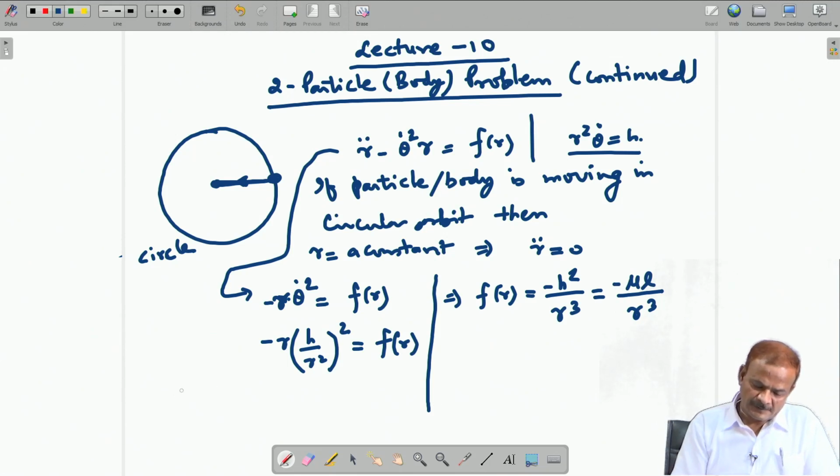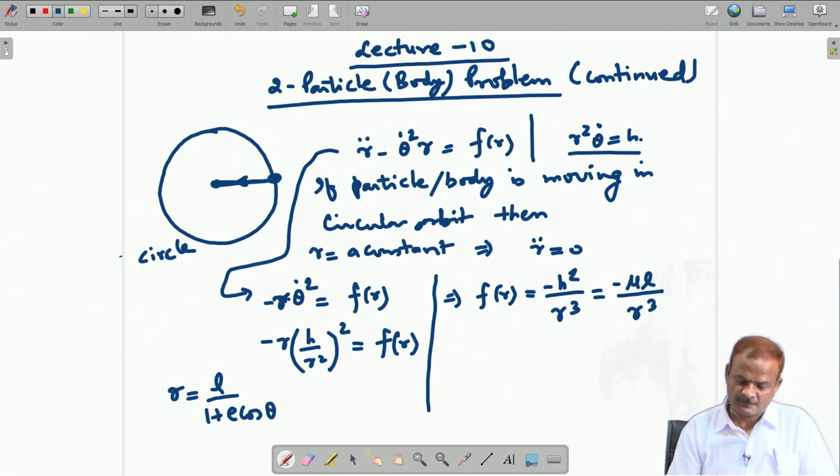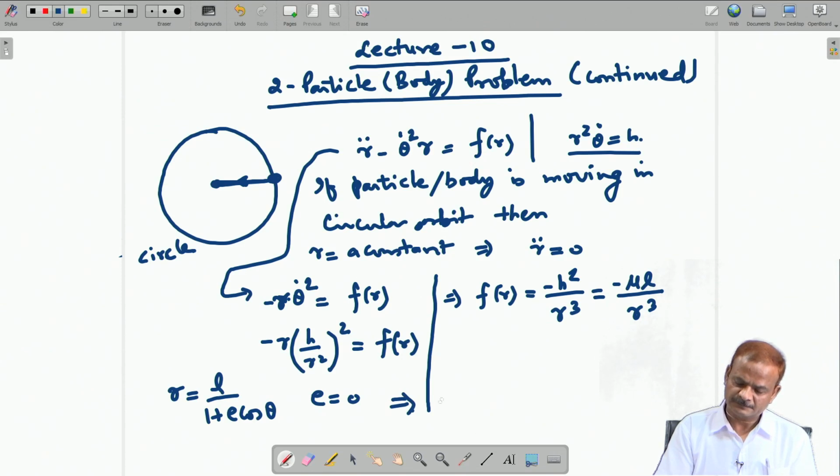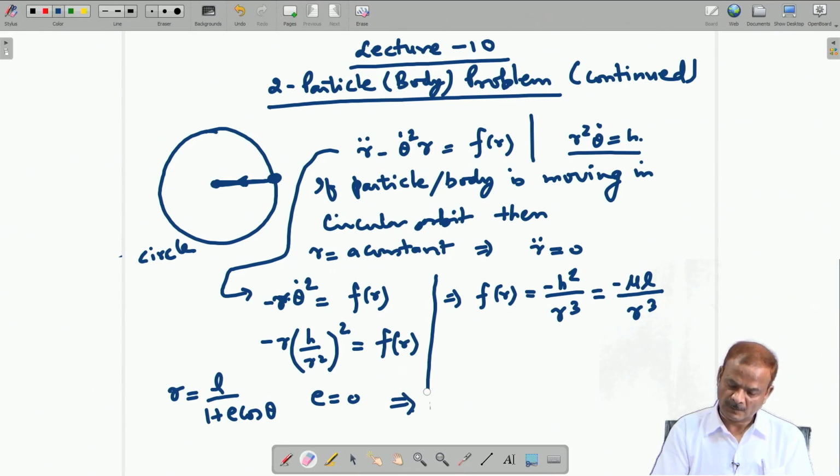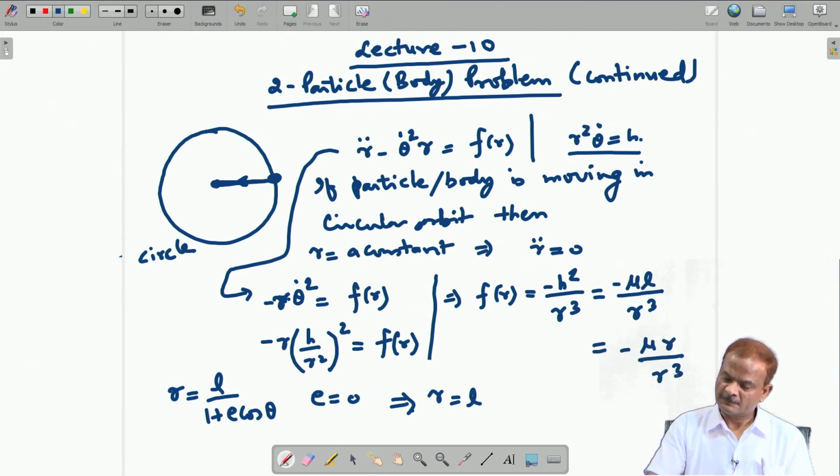Also, we have derived that r equal to L by 1 plus E cos theta. In the case of a circle, E equal to 0, and this implies r will be equal to L. If we insert it here, then this is minus mu r by r cube, so this is minus mu by r square.